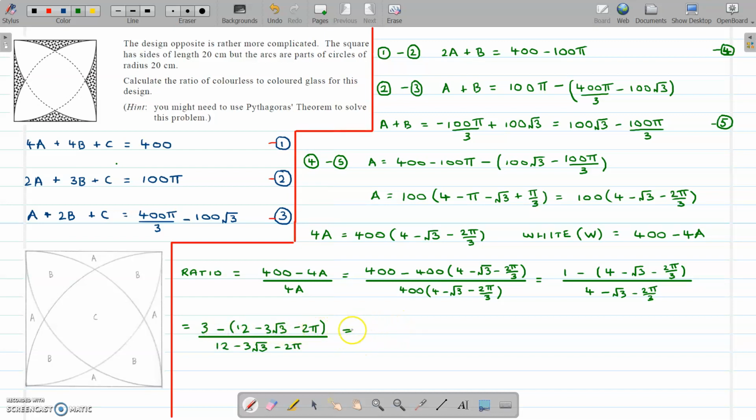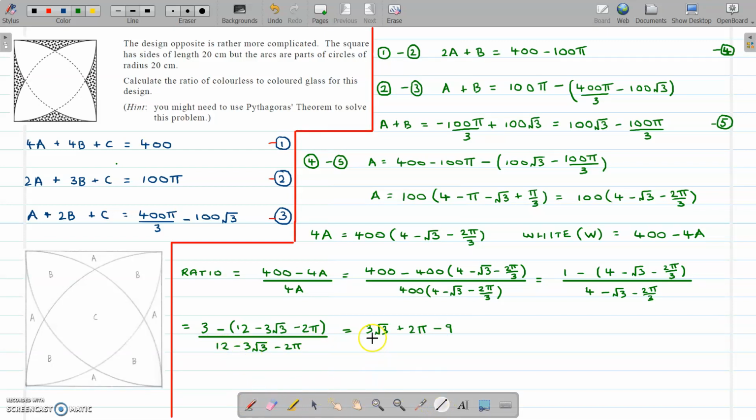So on the top line, I'll put the minus 9 at the end because that's a negative: 3 root 3 plus 2 pi minus 9, and on the bottom it's just as it is there.